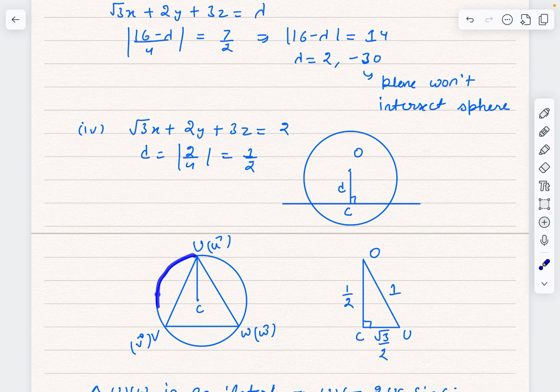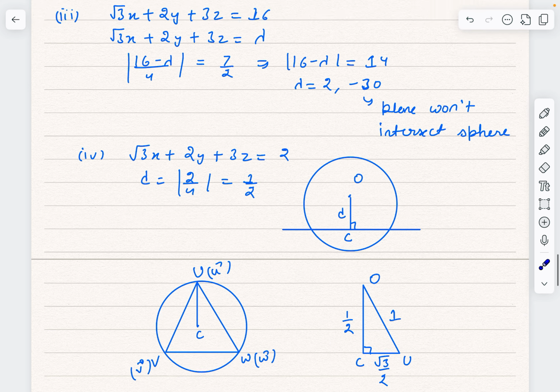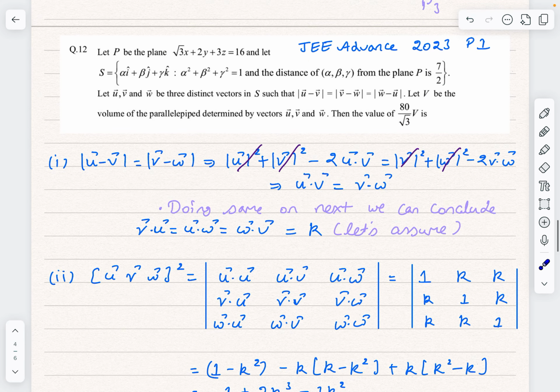Now this is the circle that we get by the intersection of the sphere and the plane. Now our point can lie anywhere on this circle. Now we have to take three vectors u, v, w. I'll just assume them to be position vectors.